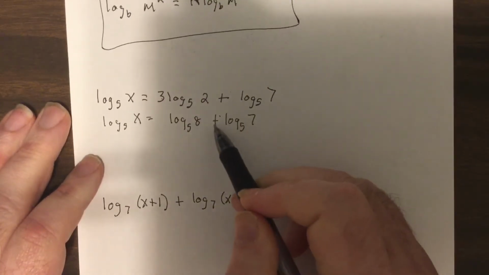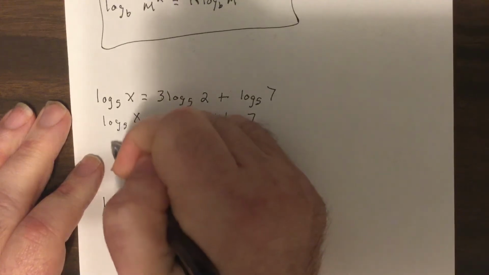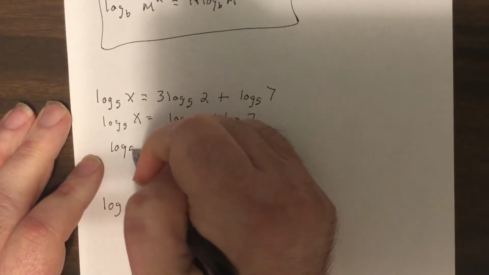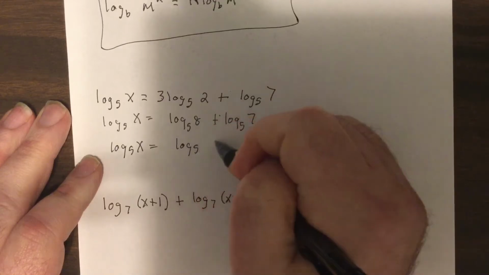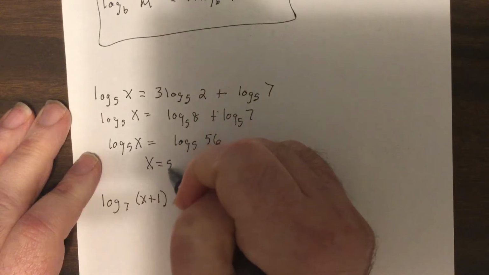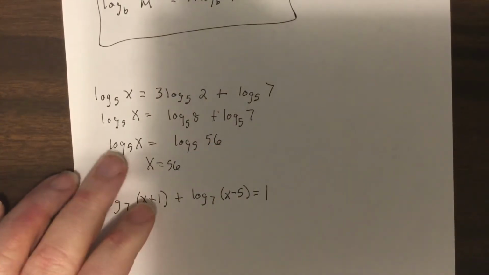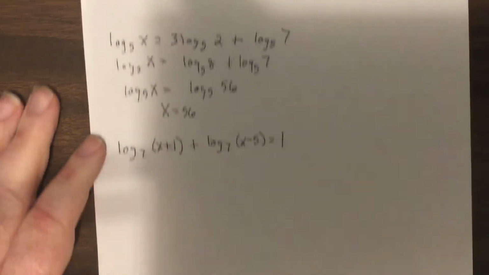So when you're adding individual logs, you multiply, so it'd be log base 5 of x equals log base 5 of 56, so therefore x equals 56. Because you have logs, same base on both sides, so the innards have to be the same.